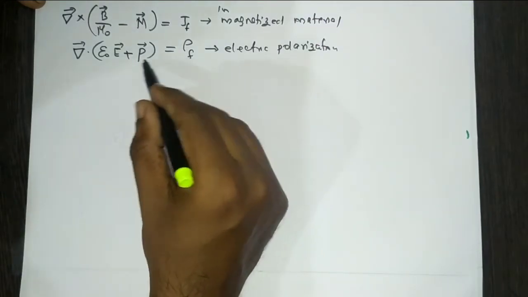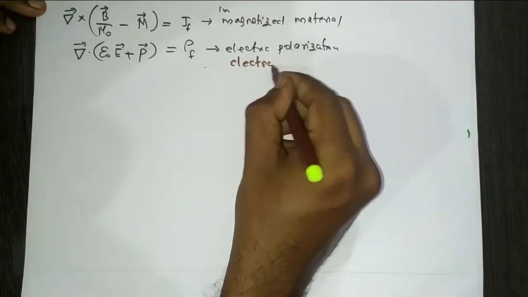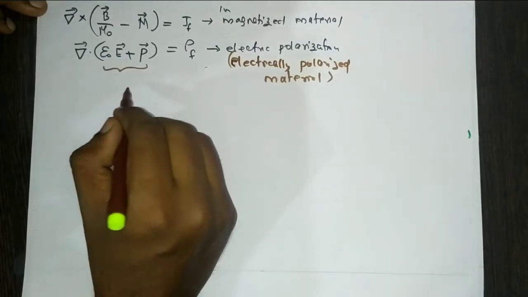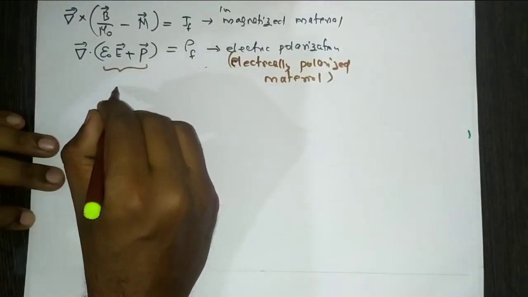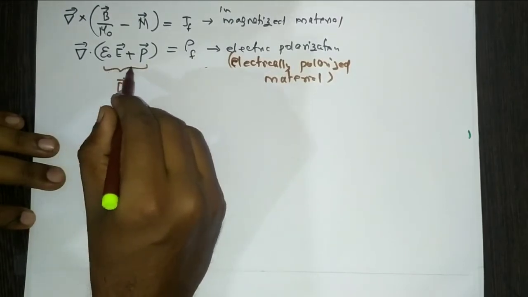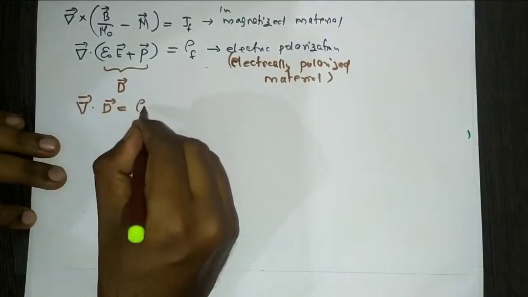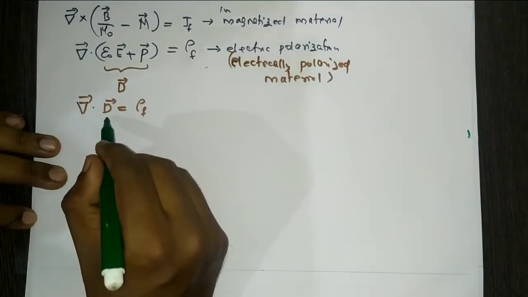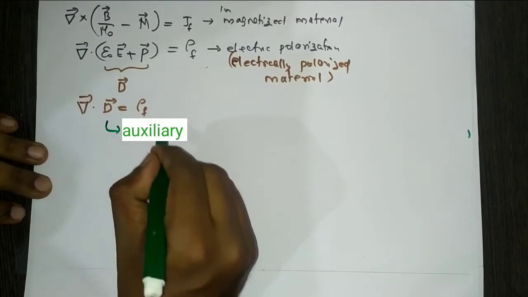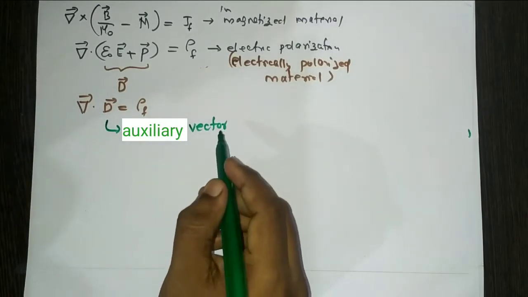In an electrically polarized material, we have taken this as D, the electric displacement vector, and written del dot D is equal to rho F. This electric displacement vector is an auxiliary field.